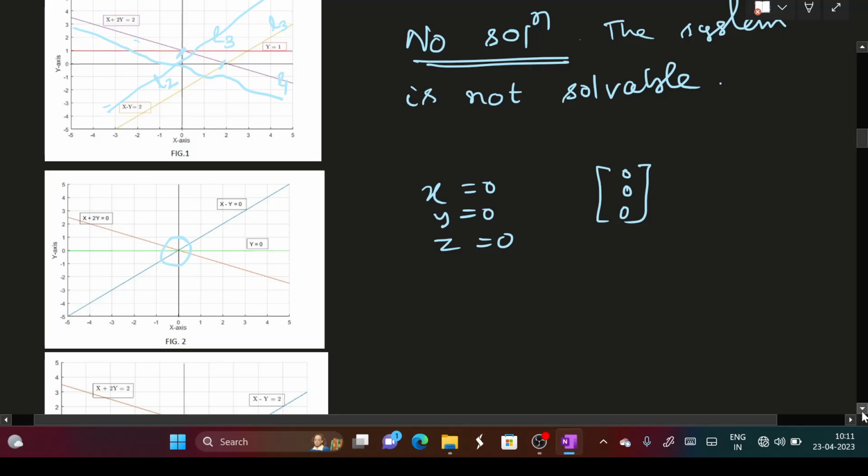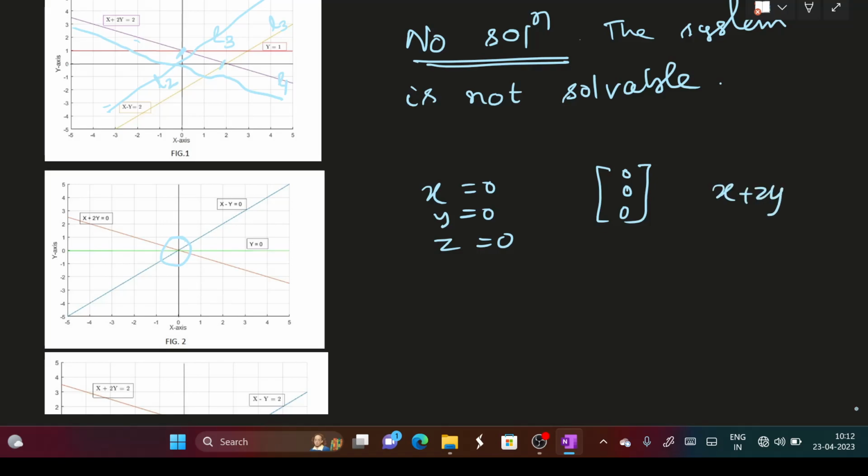Now, because the right hand side vector b was zeros, what is the equation in this case? x plus 2y is equal to 0, x minus y is equal to 0, y is equal to 0. Because it is a homogeneous system of equations, the origin is always a solution for any homogeneous system. So here it passes through the origin and it has a solution.